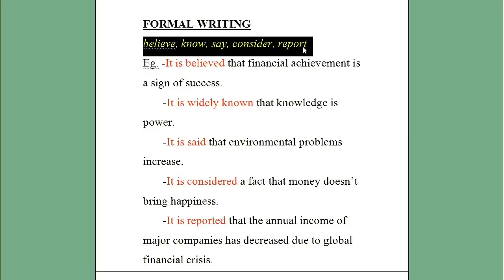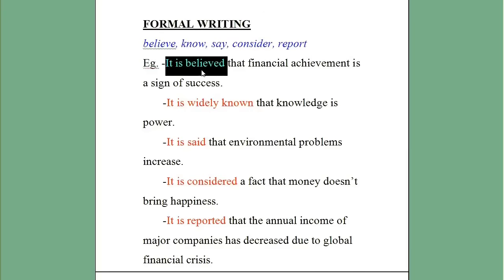So let's see some examples of how you can use them. For example, it is believed, here we have an impersonal construction with it in simple present because we're going to talk about facts and general truths, okay? Something that the whole world knows. We don't care who knows it. We don't say by the whole world because it is obvious.